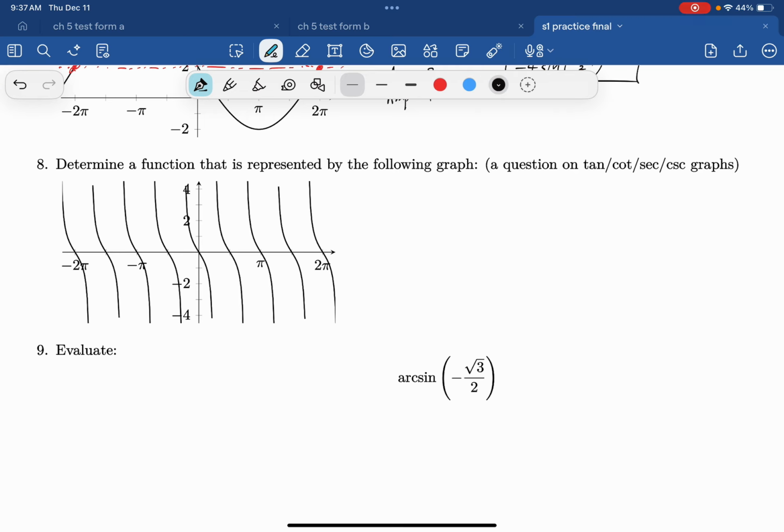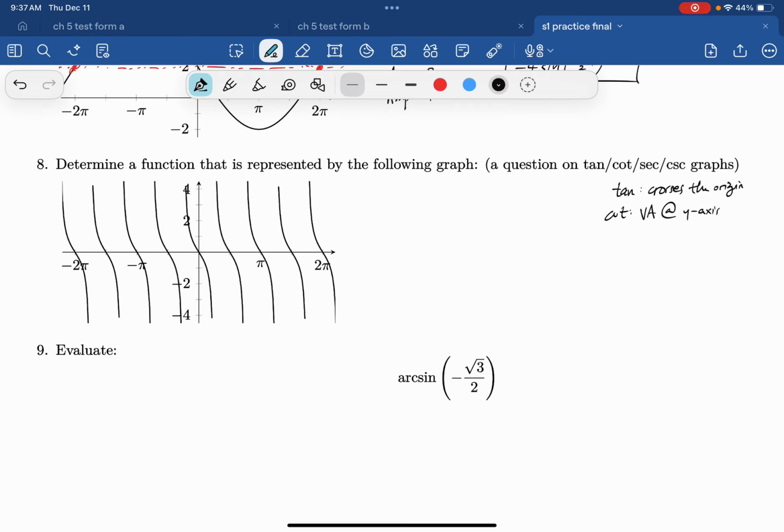Okay. What is the difference between tangent and cotangent? Well, the basic rule is that tangent crosses the origin. Okay, assuming there are no shifts, it crosses the origin. Whereas cotangent has a vertical asymptote at the y-axis.